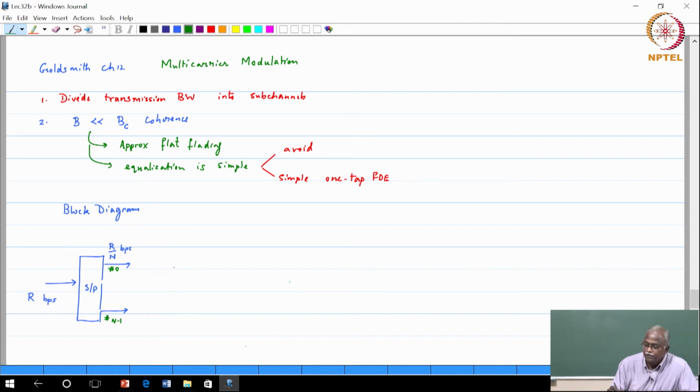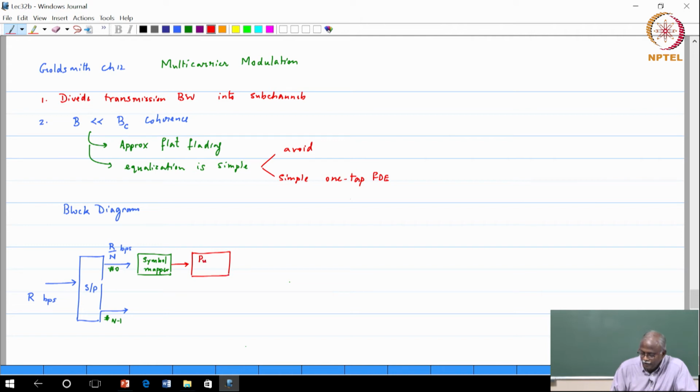Now, each of these channels, let us quickly trace what the path of them is going to be. You will group the bits into either 2 bit or 3 bit sets, and then map them onto a symbol. So, the first stage will be a symbol mapper. You will map it to either QPSK, 16 QAM, 64 QAM, whatever you want. Then the next stage is you have to prepare it for transmission. You will do pulse shaping.